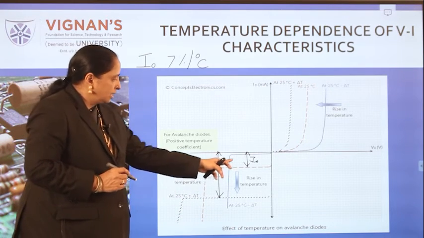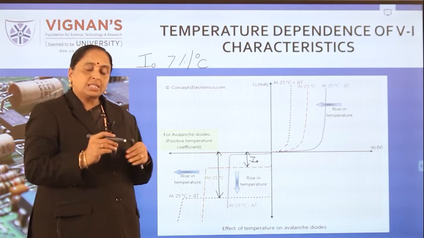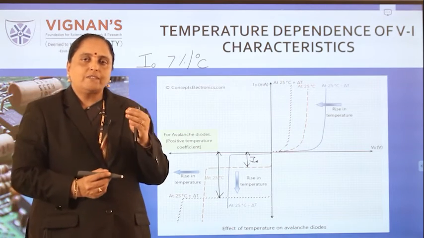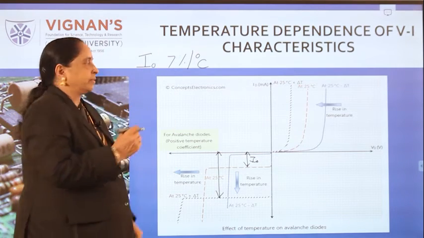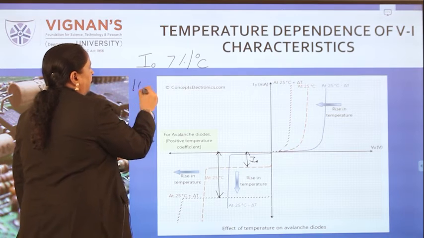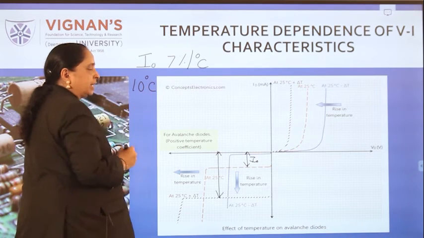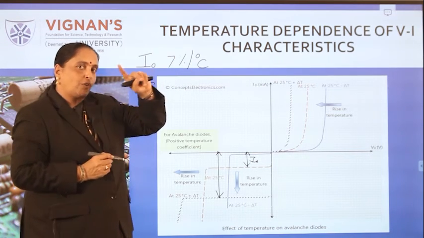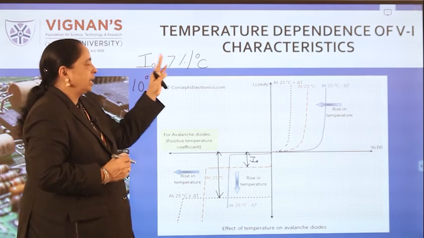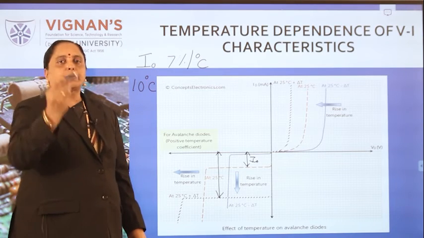So there is some other rating also, for every 10 degrees rise of temperature. Here we talked about every 1 degree rise of temperature, on an average I naught increases by 7%.